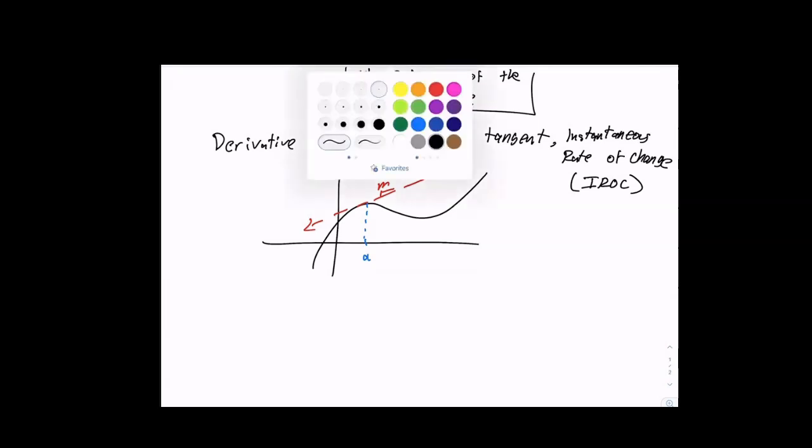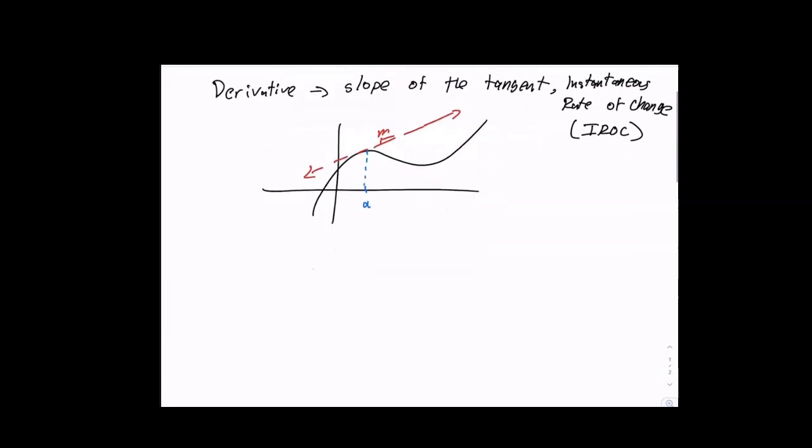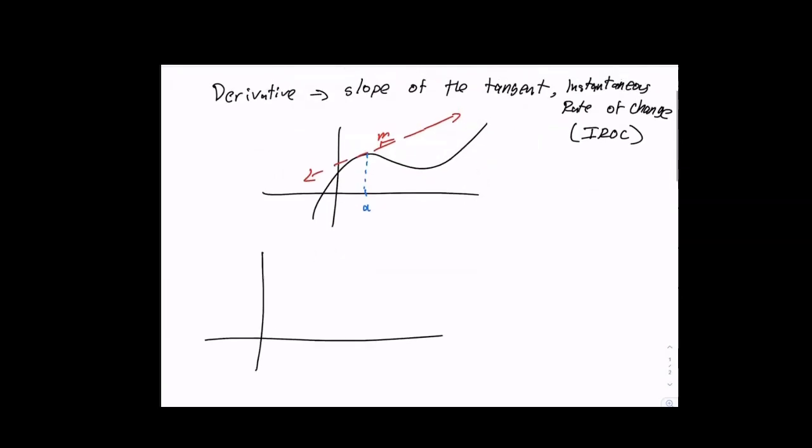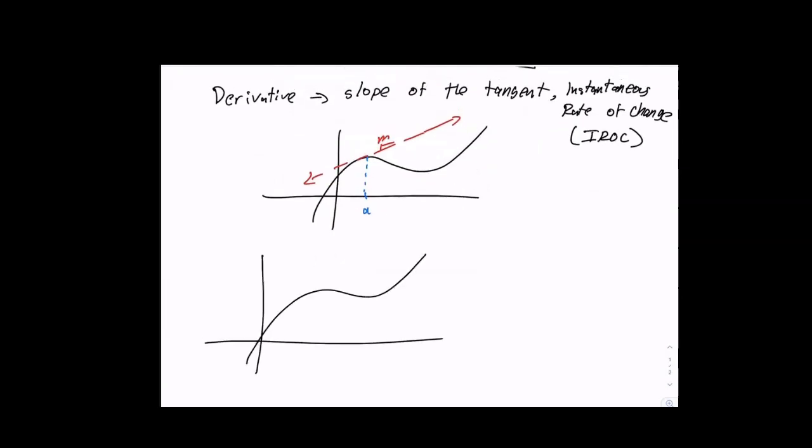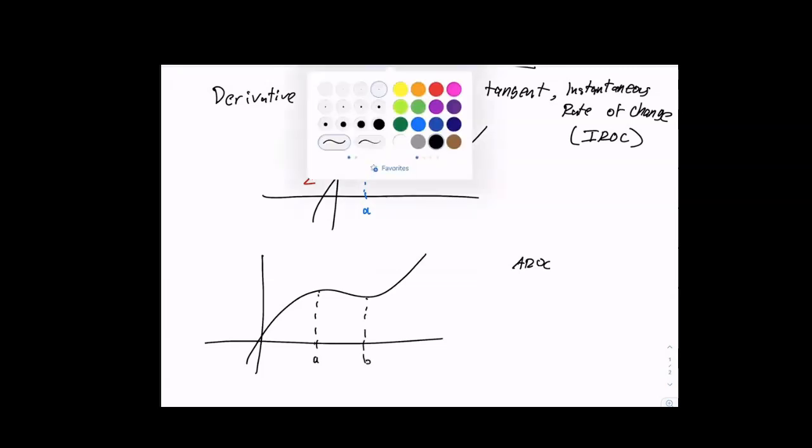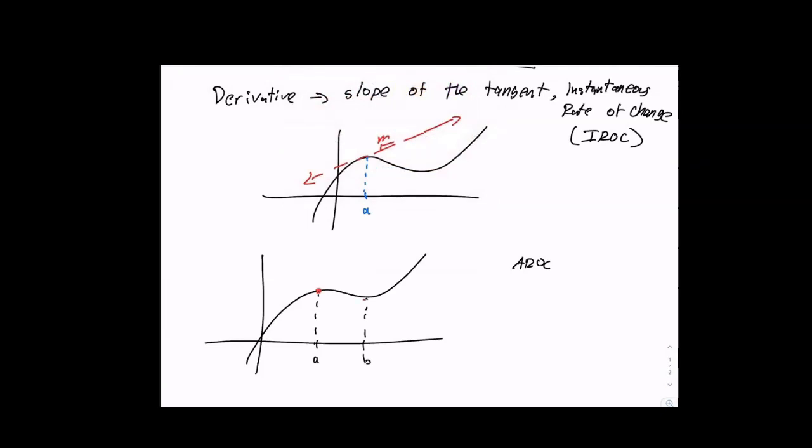When we talked about average rate of change, we had a point A, right here, and then a point B right here, and you found the average rate of change, the slope.